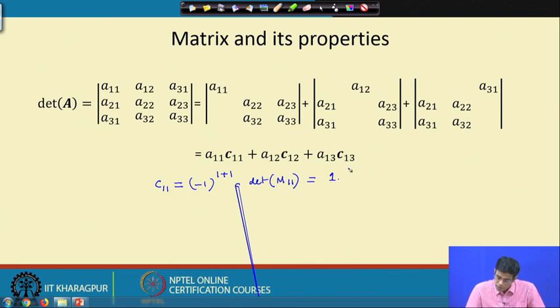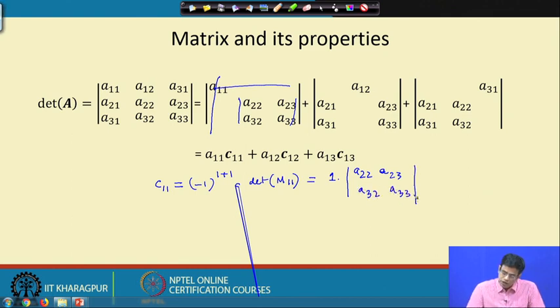M11 is the determinant after removing the first row and first column. That means if I remove this row and this column, it will be A22, A23, A32, A33.